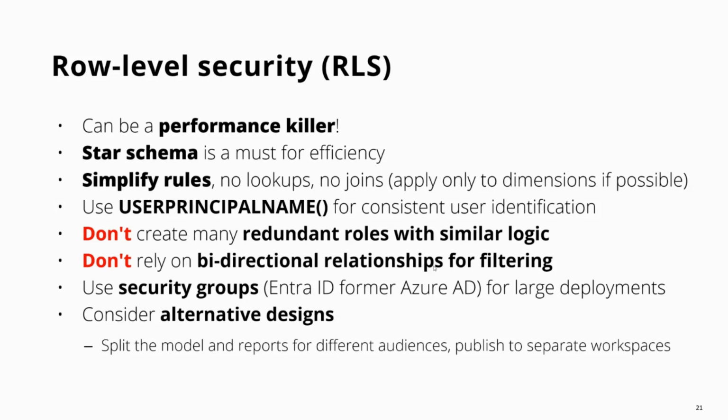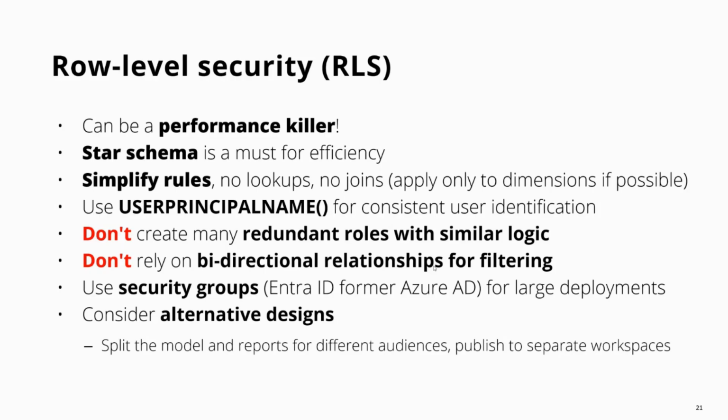Use the user principal name instead of hard-coded names for consistent user identification. Don't create many redundant roles with similar logic. Don't rely on bidirectional relationships for filtering, but instead use, like, security groups for large deployments, right? And these can then be added and so on.